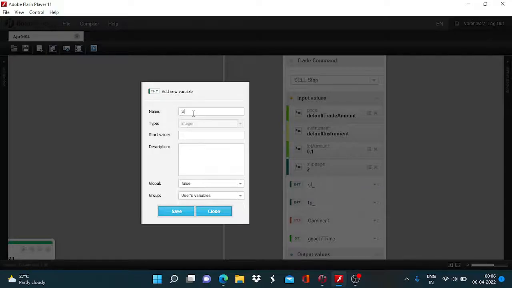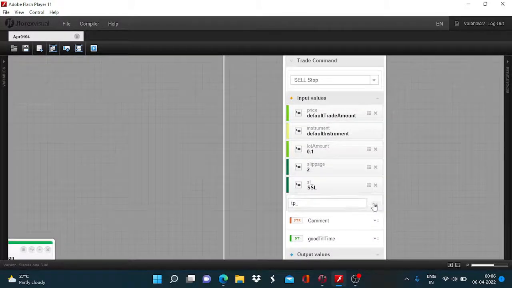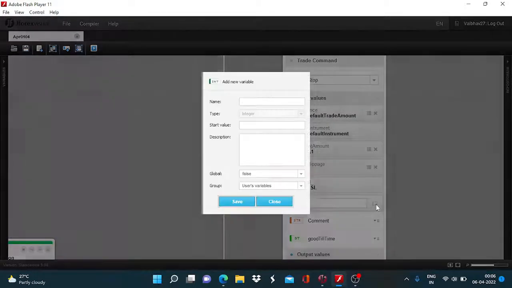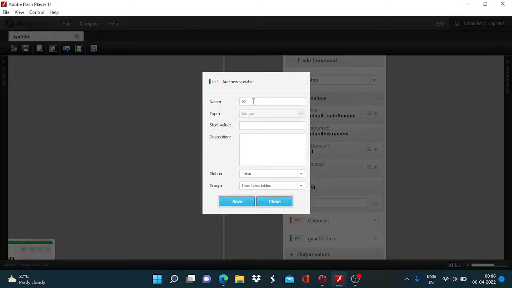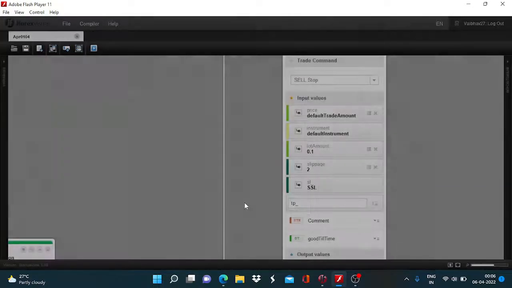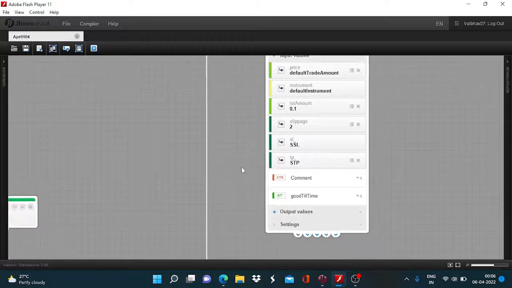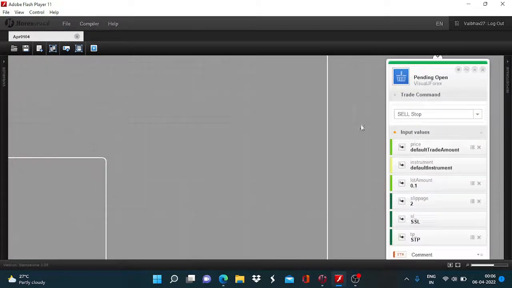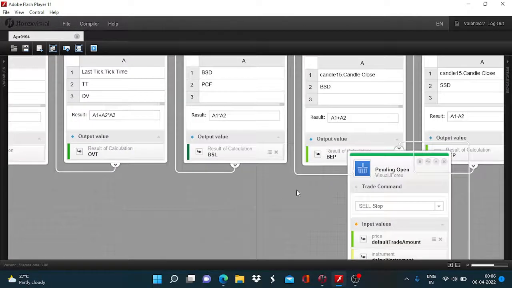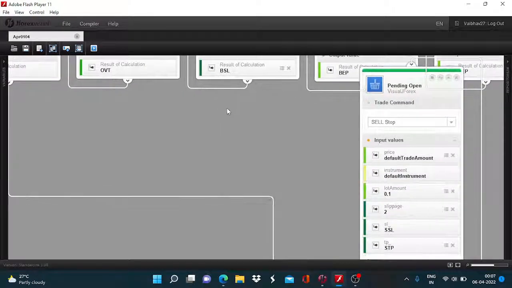Name will be sell side stop loss, and this will be sell side take profit. Order validity we had already defined last time around, which is 2 hours.